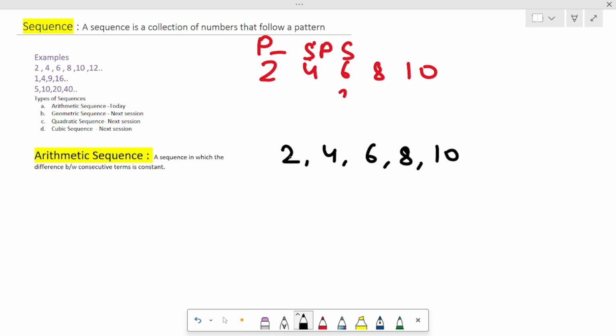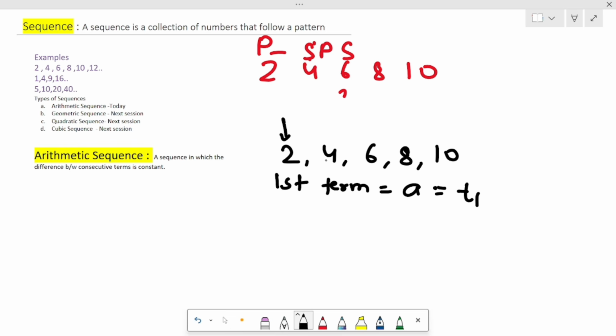But there are a few terms we need to remember. Whenever you see the first term of the sequence, we call it the first term, denoted by a, or t1, because in some cases they write t1, but you can write a.